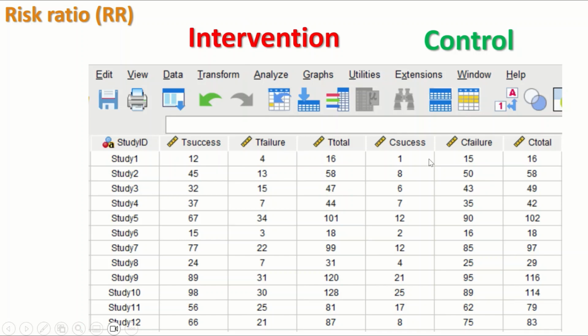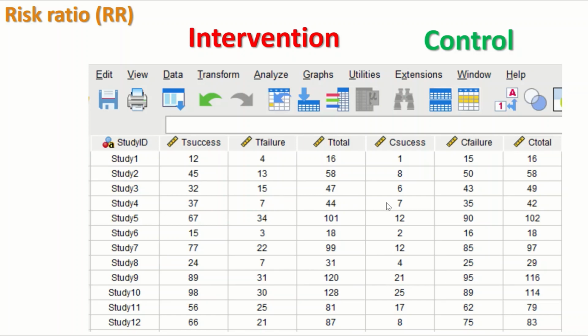And for the control, the number of events or number of cases at risk is counted, along with the total number in the control. To perform a meta-analysis based on an estimated effect size, which is a risk ratio, the risk ratio can be calculated and estimated as an effect size for the intervention compared to the control.